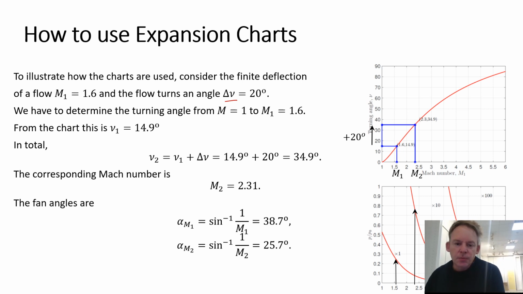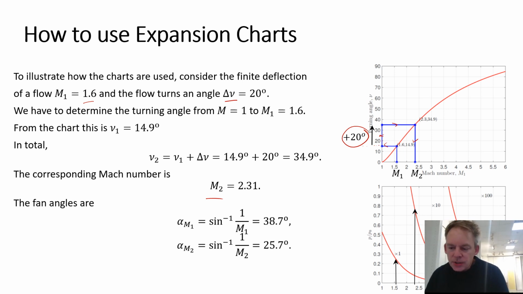And so to apply it to our problem where the Mach number isn't 1, we take our 1.6, we go up to this curve, find out the equivalent initial turning angle, add our 20 degrees, come back down and find M2. In this case, M2 is going to be 2.31.